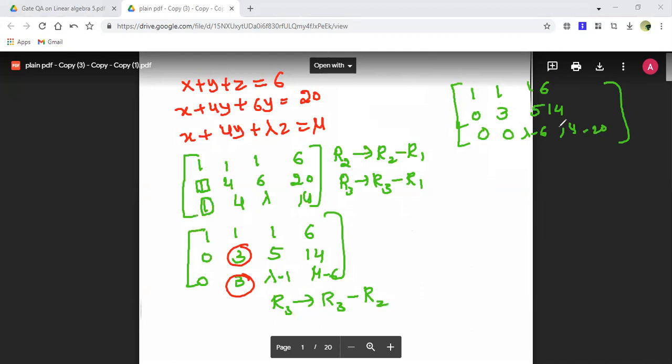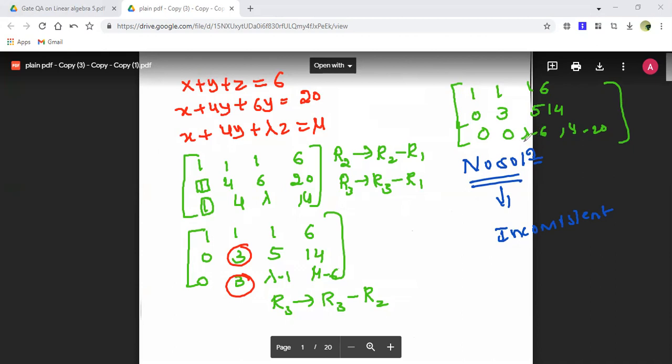In the question they have told that it has to have no solution. Whenever the system is inconsistent, you will be getting a contradiction.